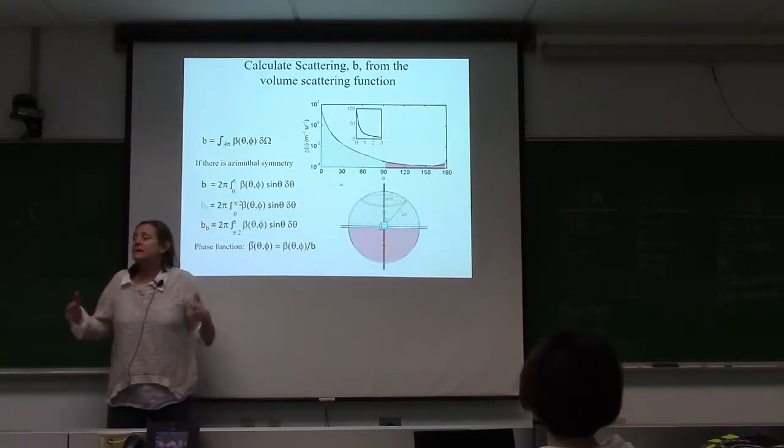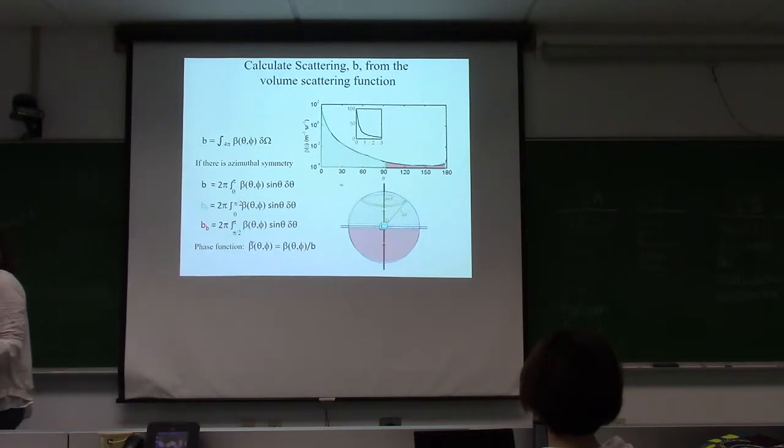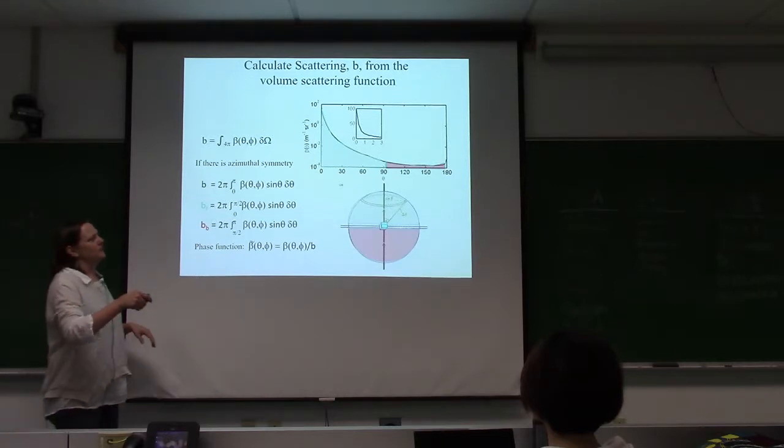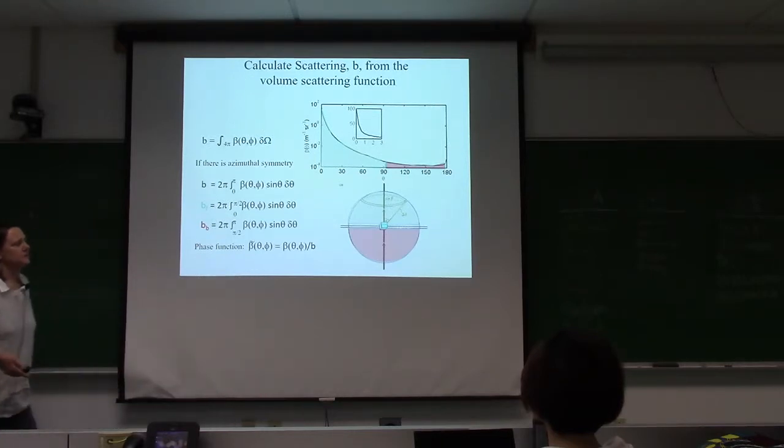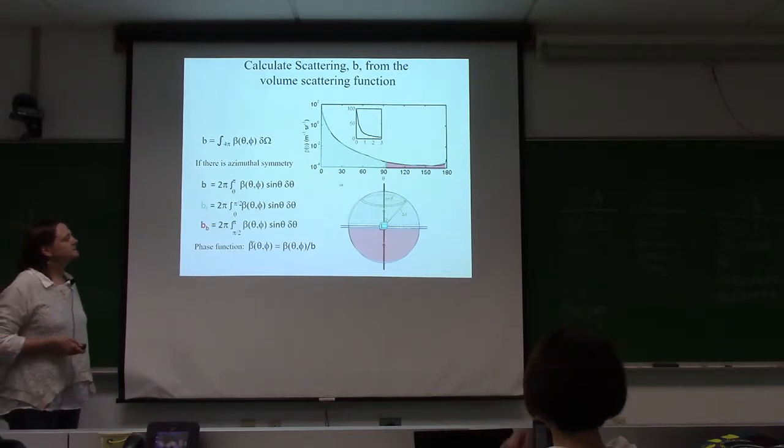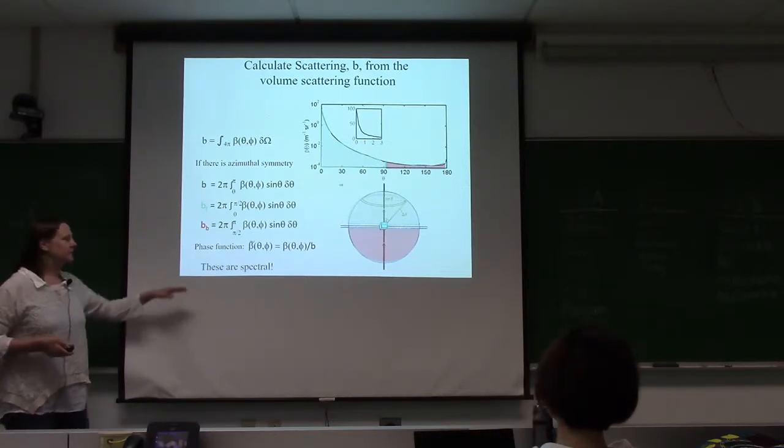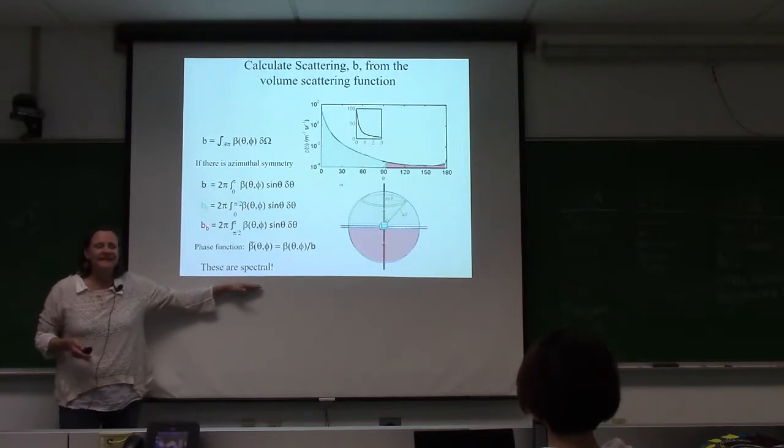It just means you've basically removed the magnitude so that you can really just compare the angular distribution. Okay, and I'll show you some examples. And Kurt will talk to you a lot about how to model this phase function, because it turns out it's really important in radiative transfer. You remember it showed up in the equation of radiative transfer, that angular scattering from one angle into another angle. Okay, and of course, we have to do this for every wavelength.